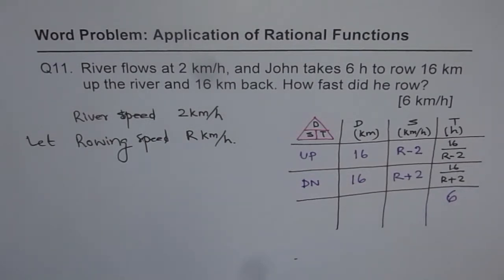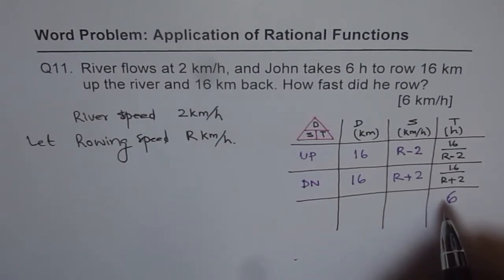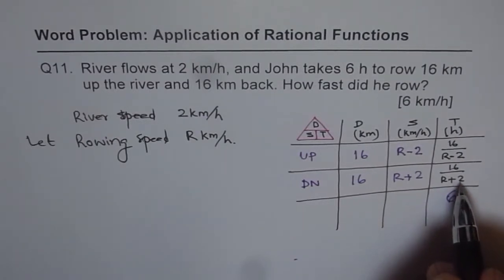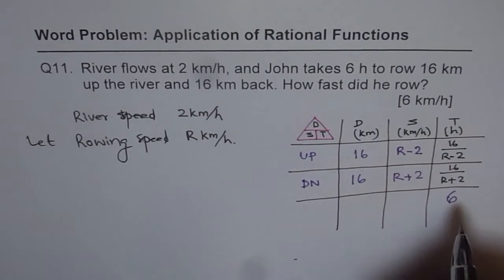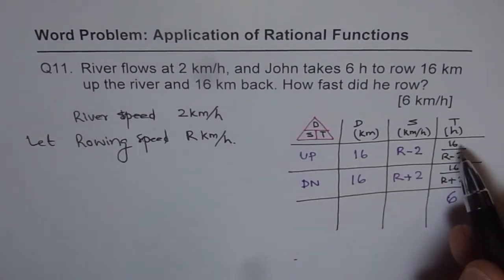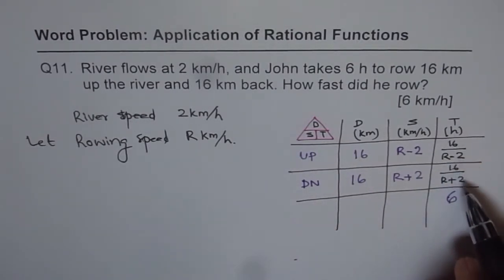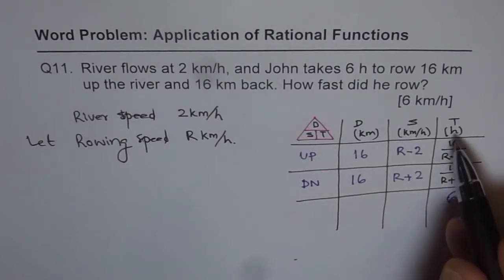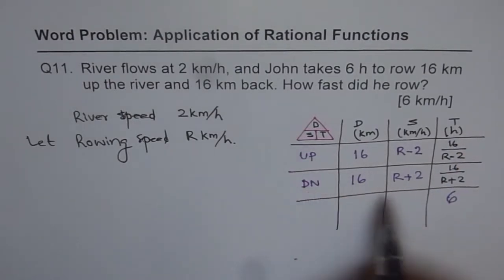Always you'll find that the last two statements give you the relation and what you need to find. So the relation here is 16 over r minus 2 plus 16 over r plus 2, which means the time taken to go up and down is 6.